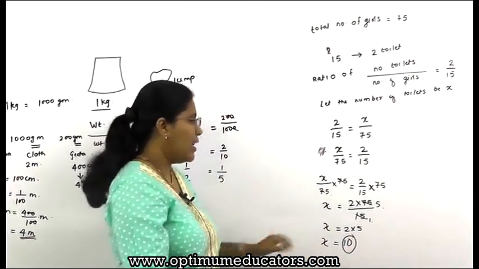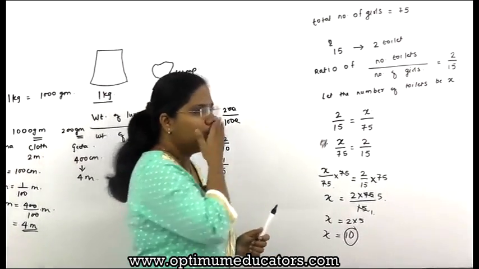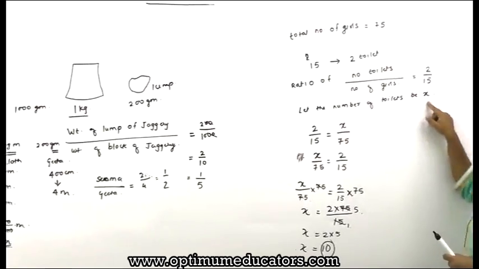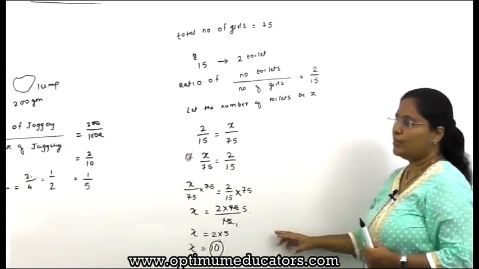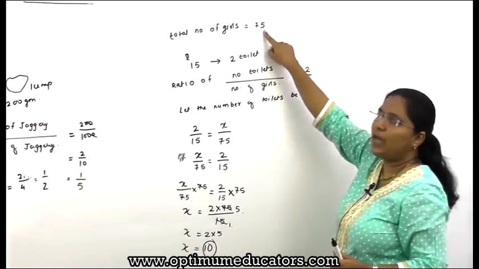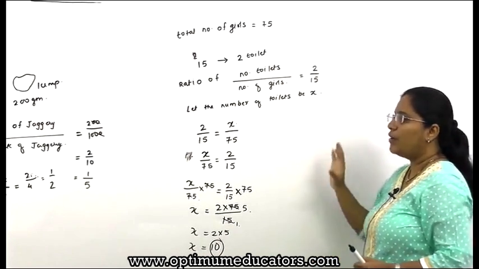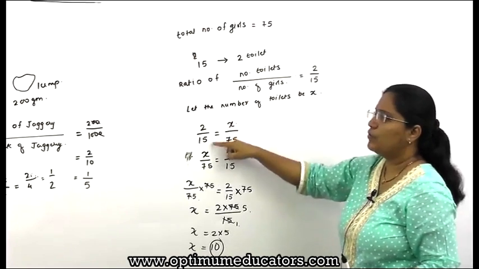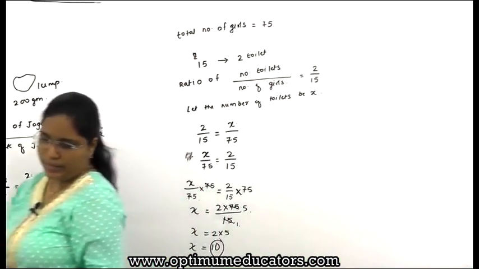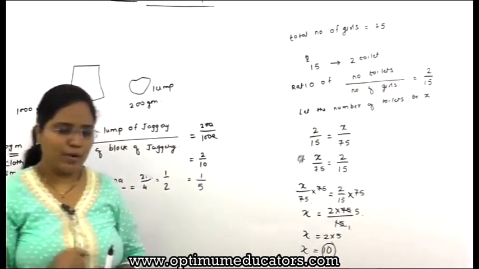That is our answer. X means the number of toilets, assumed to be x. It means the number of toilets should be 10 if the number of girls is 75, in order to maintain this 2:15 ratio. Okay. Now let us go to practice set 28.